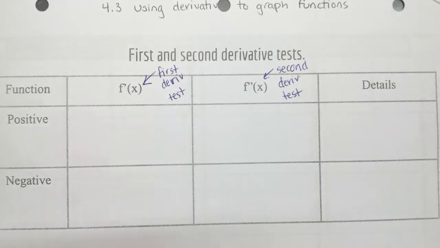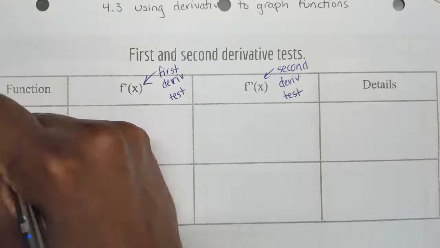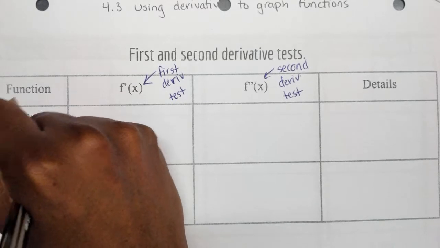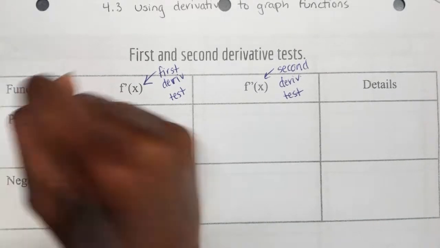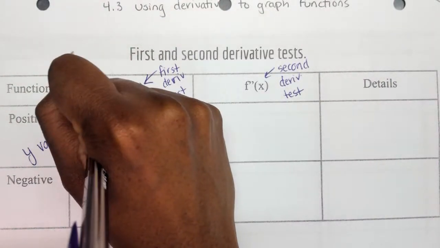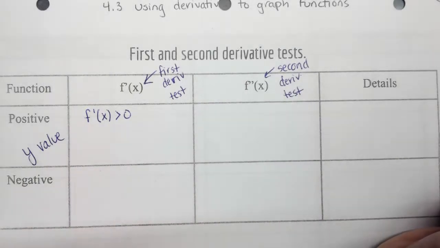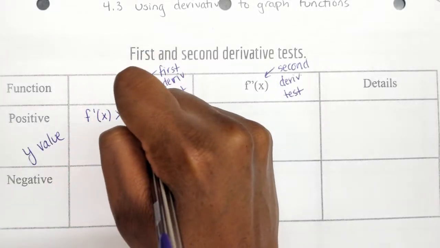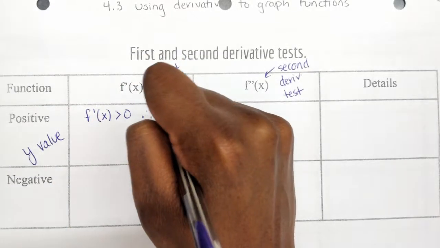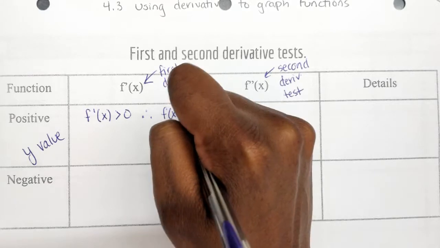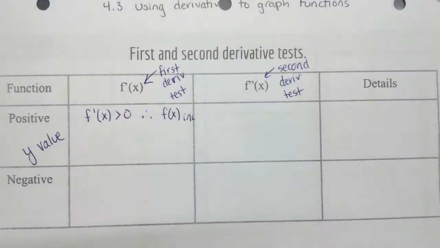So the first derivative test, if our y value for the derivative is positive, so if f prime of x is greater than 0, then that tells us that f of x is increasing. Right?